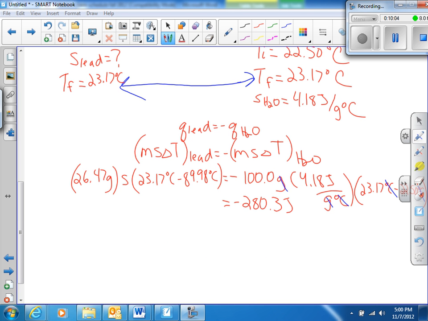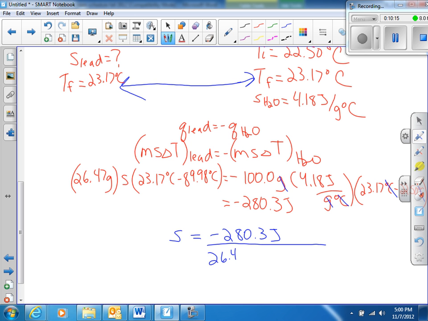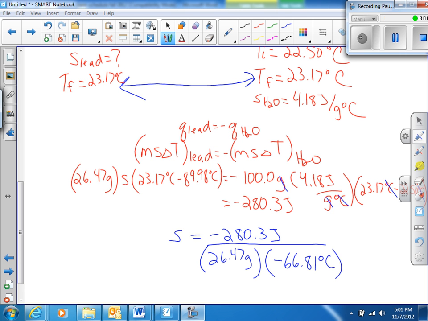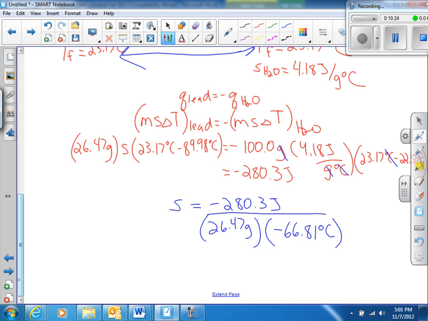Then if we solve for just isolating S, we get S is negative 280.3 joules divided by 26.47 grams times negative 66.81 degrees Celsius. And when we calculate that all out, we get 0.158 joules per gram degree Celsius.